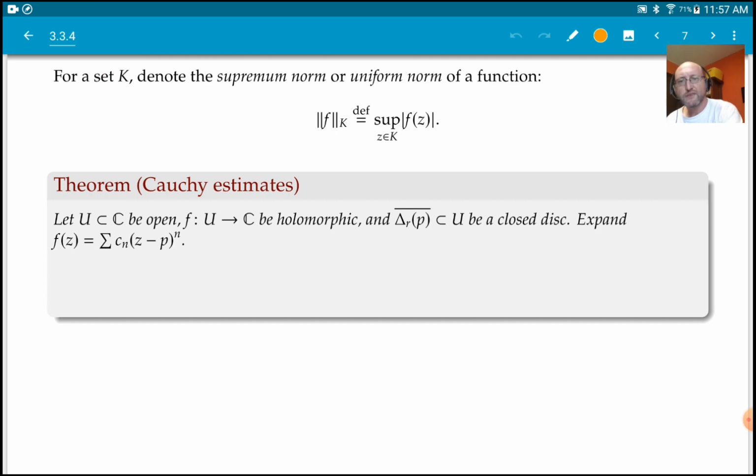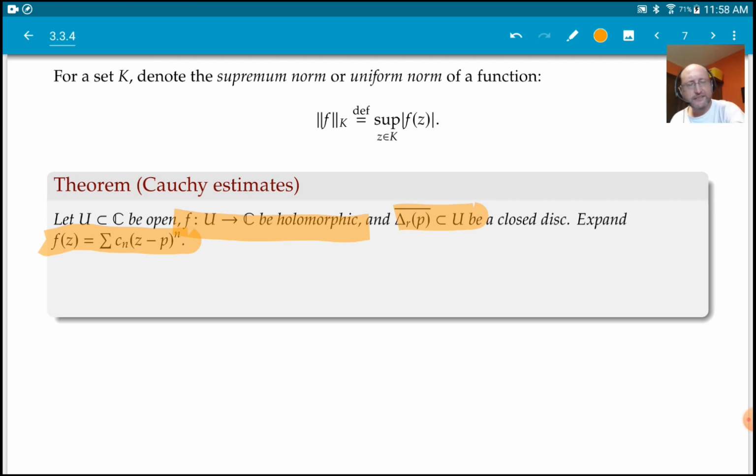All right. So Cauchy estimates. So if we have some open set, a holomorphic function, and we have a closed disk that's inside the open set where this function is holomorphic, and we expand f in a power series, right?